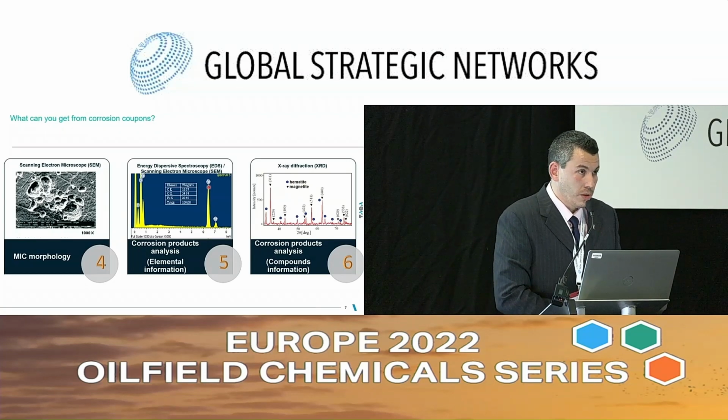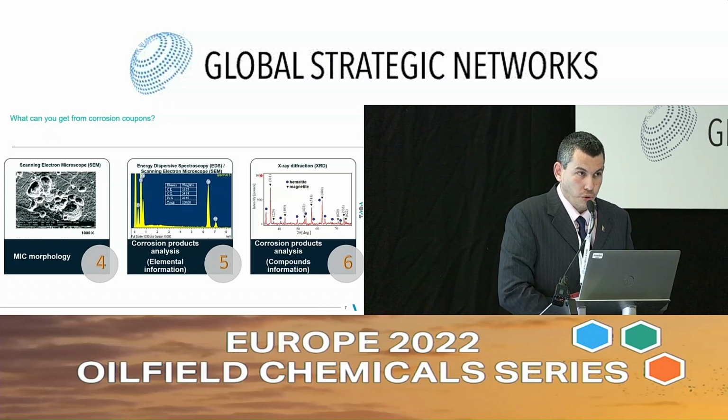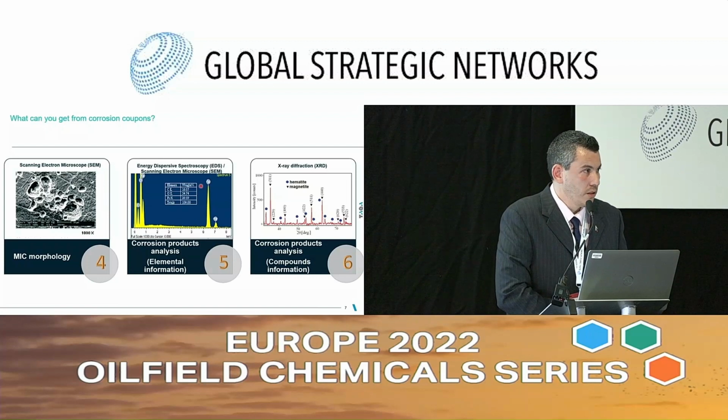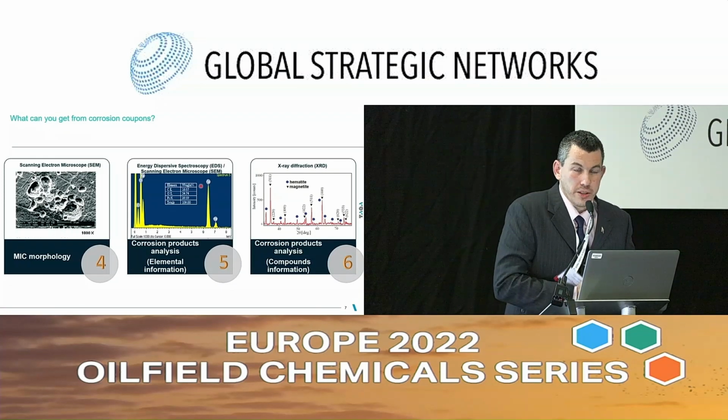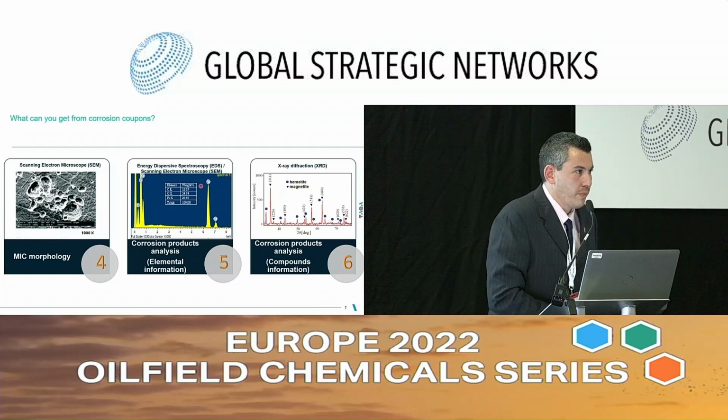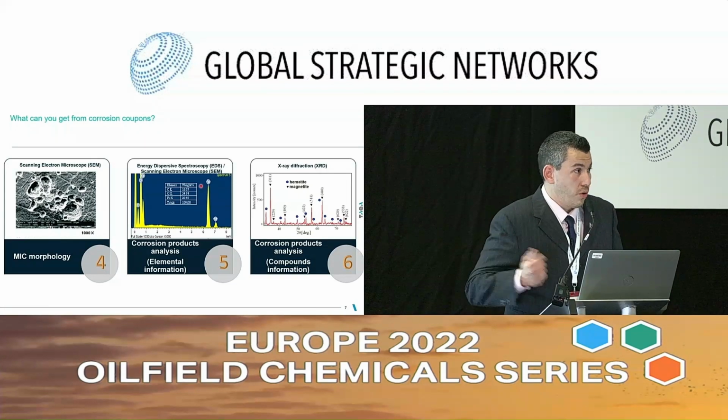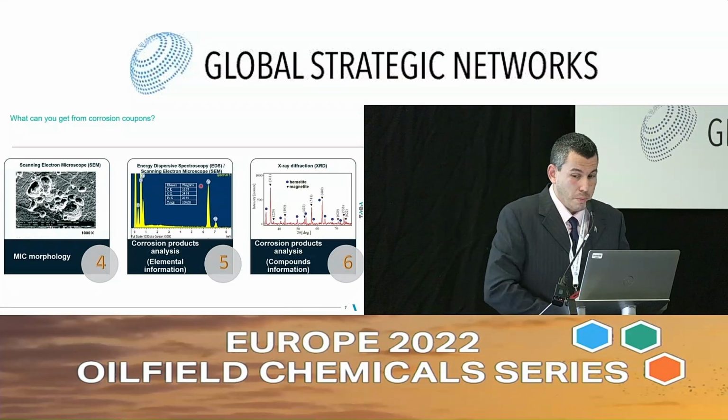It's not common. We can have H2S, we can have CO2, but if you have oxygen as a corrosion product, that should be a red flag. It could be a risk for your safety, could be a sign that maybe in one injection pump you have a seal that is broken, and then you have oxygen coming into your system. So this is one of the advantages of using corrosion coupons, not only for mass loss analysis.